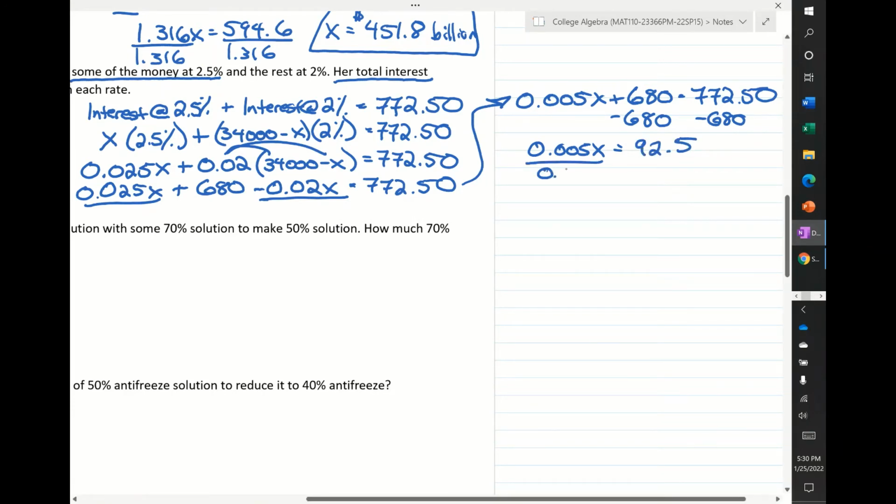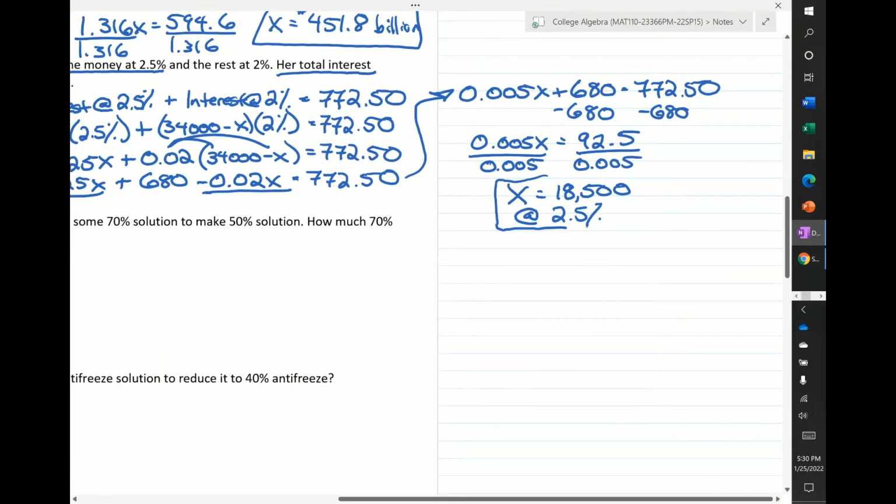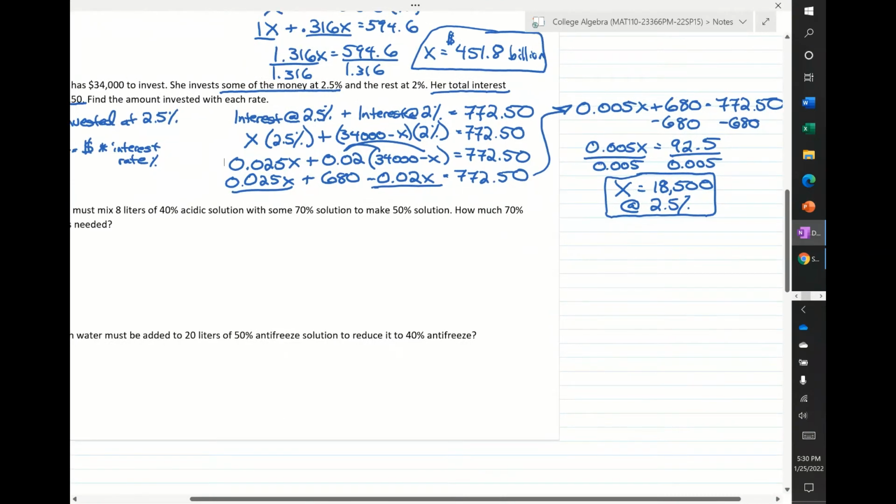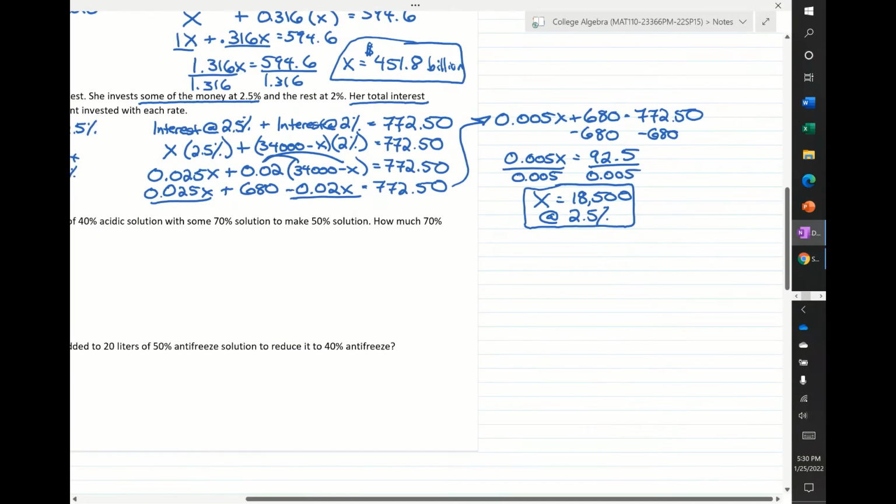Dividing by 0.005 tells us that X is $18,500. That was the amount of money we invested at 2.5%. Remember, we said X was the amount of money we invested at 2.5%.